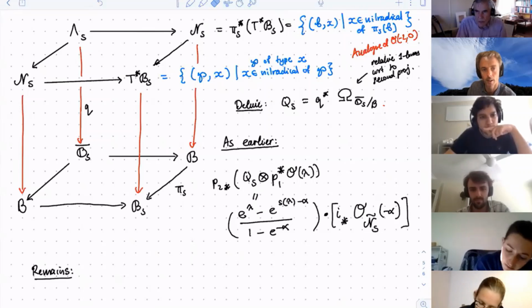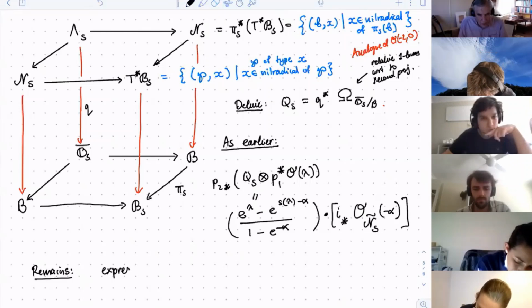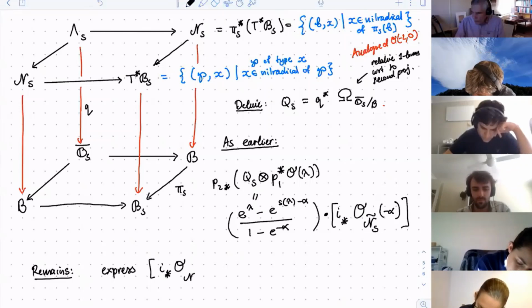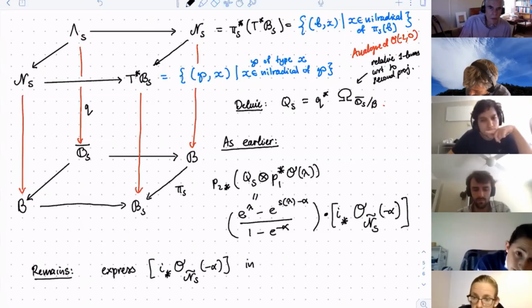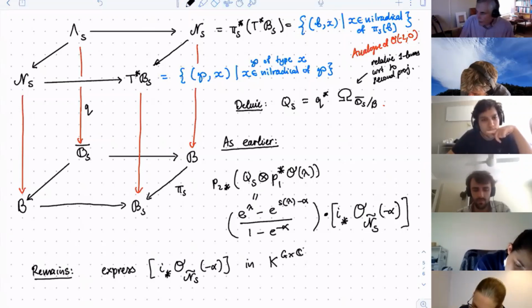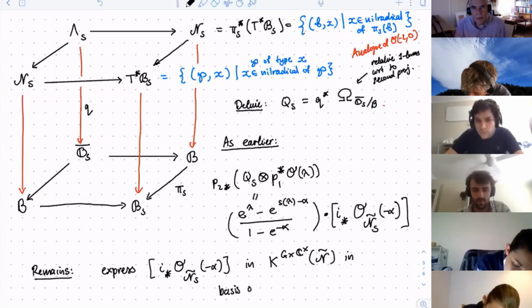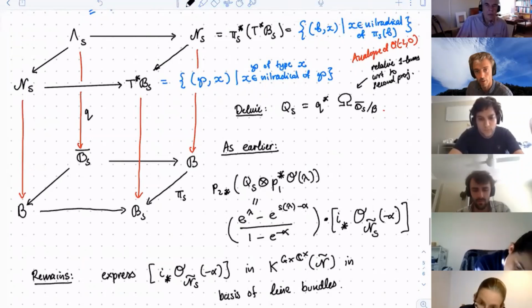These are the covectors that come from BS, and it remains to express in line bundles. And as before, we do this via a causal resolution.